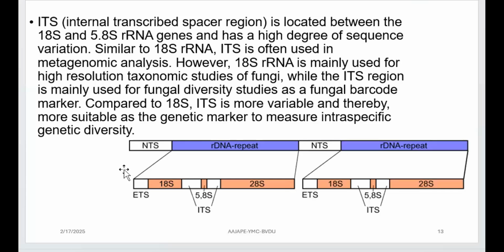These are the schematic representations: 18S, 28S, and in between you have the two internal transcribed spacer regions. This is 18S, this is 28S, and these white blocks indicate ITS regions, right?